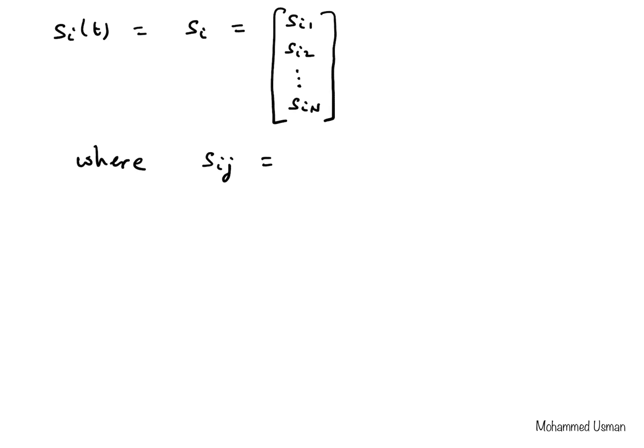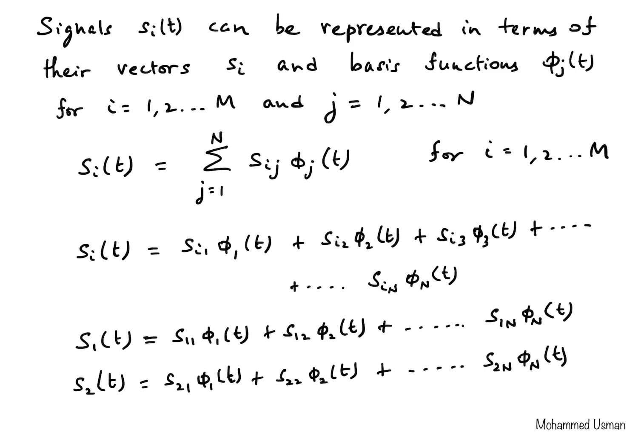So Sij is defined as integral 0 to T of Si of t into phi j of t dt. This particular element Si1 is obtained by taking the dot product of Si of t with phi 1 of t, and that gives us Si1.